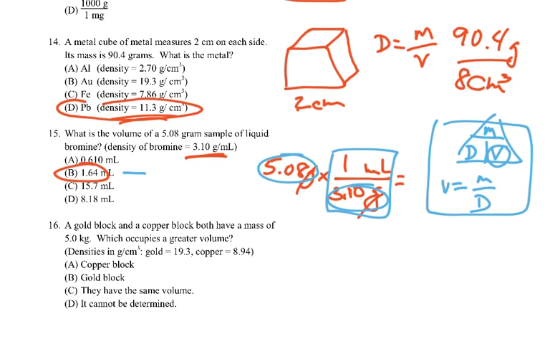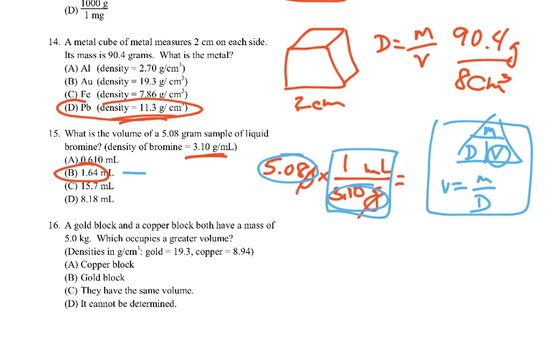Okay, 16. A gold block and a copper block have a mass of 5 kilograms, which occupies a greater volume? Okay, well, density is more stuff per volume. More stuff per volume would make the volume smaller.